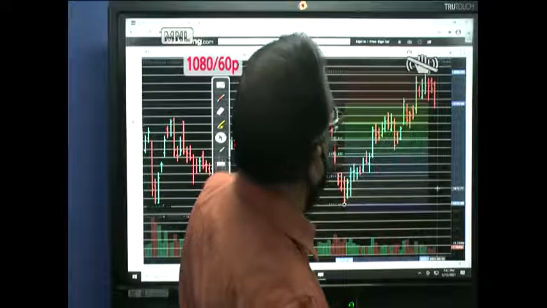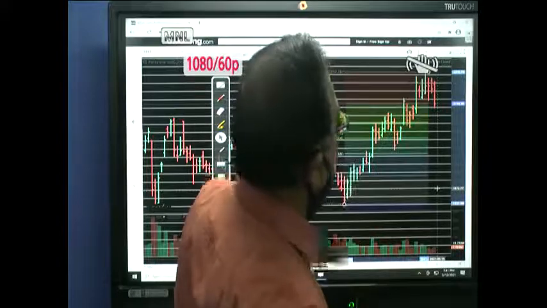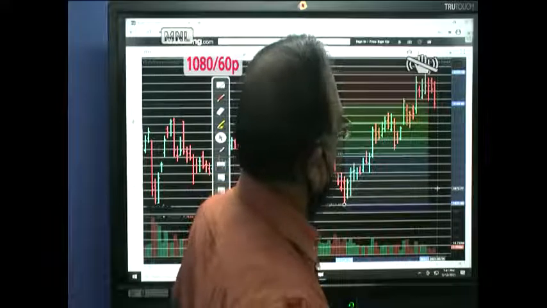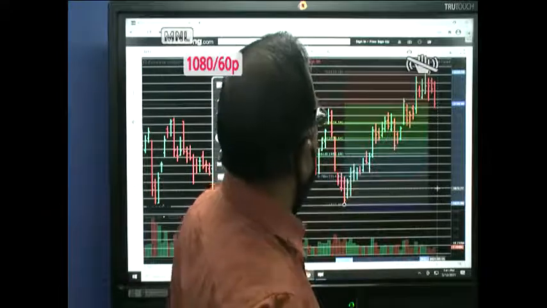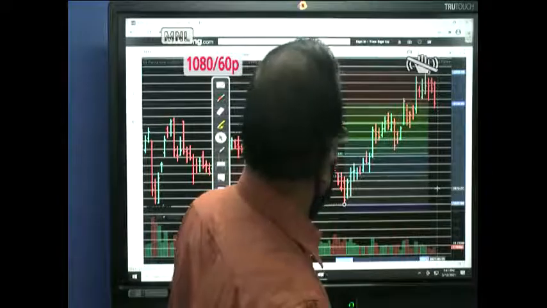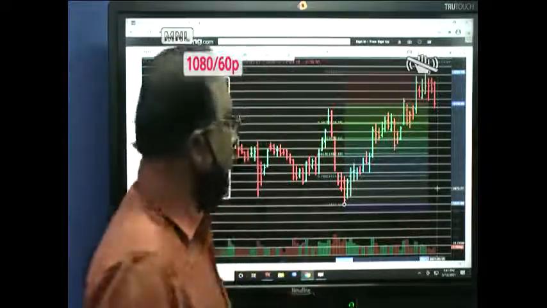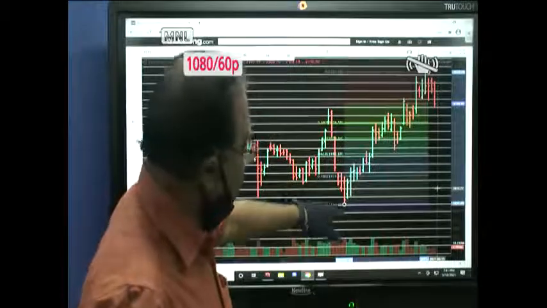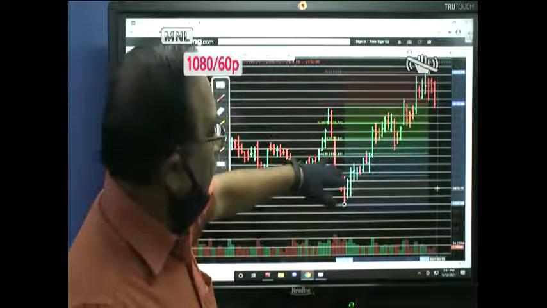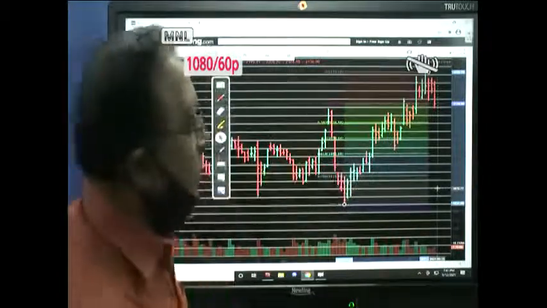This is 38.2%. So any fall right now, important support will come closer to 2080, then 2030, 1982. So if you are not waiting up to 1800 levels, then it is better to start accumulating Reliance at around 1985.